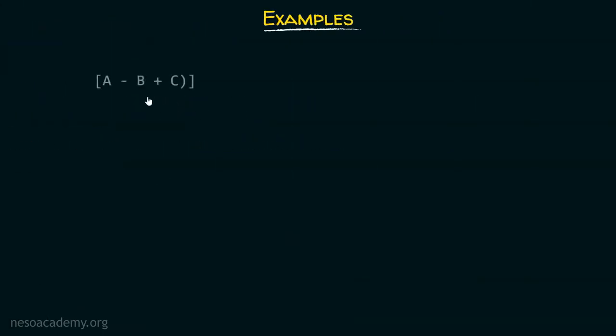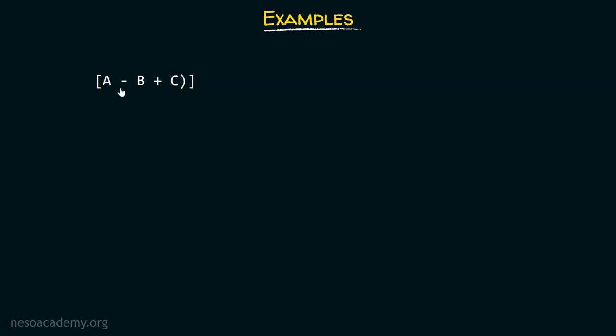Here is the first example. Let's say we have this expression a minus b plus c. You can see that in this particular expression, we have 2 types of brackets. We have square brackets and we have round brackets, right? Here you can see that the first condition itself is not satisfied. The total number of left brackets are not equal to the total number of right brackets.